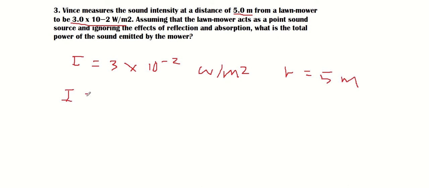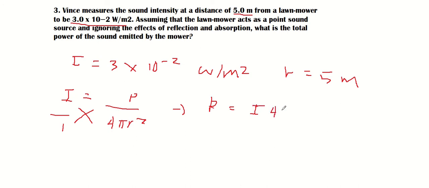Pakita ko lang ulit paano de-derive yung formula for power. Ito yung base formula natin. Cross multiply, matitira yung P na lang. P is equal to I times mo dun sa 4 pi r squared. Yung intensity natin is 3 times 10 raised to negative 2. Lagyan natin parenthesis para sa calculator mamaya hindi natin makalimutan.